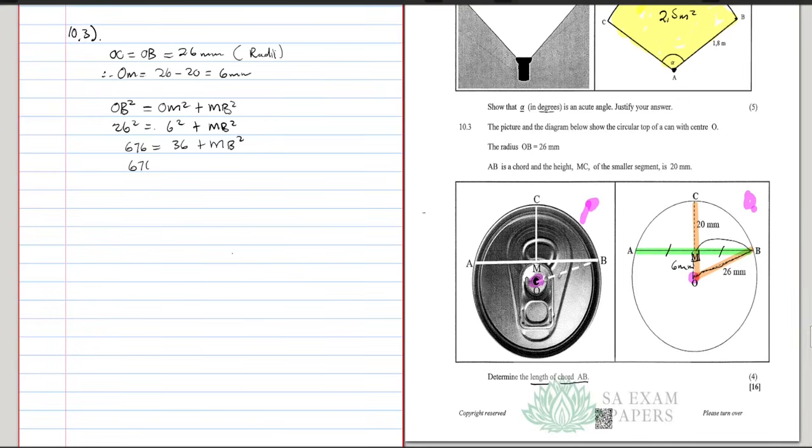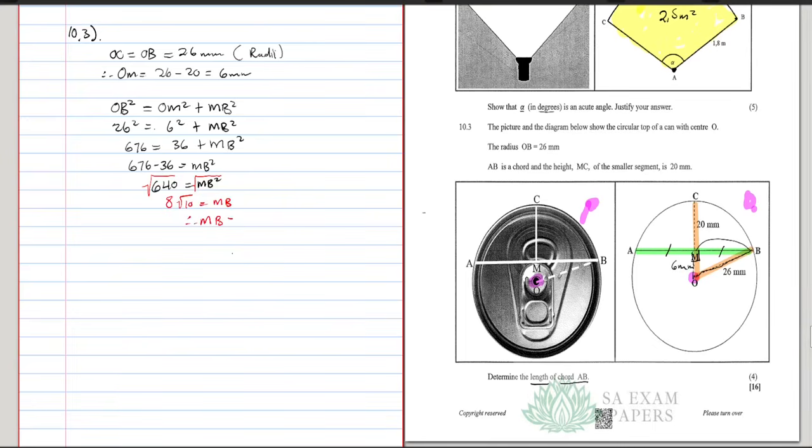Then 676 minus 36 is 640, which equals MB squared. Therefore we take the square root: the square root of 640 is 8 square root 10, which equals MB.